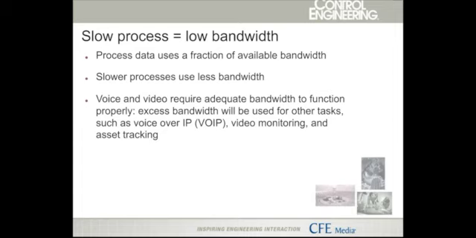It's 802.11n, so with the available equipment and technology, we can achieve an aggregate throughput of about 650 megabit per second. We're using a fraction of that. Using the excess bandwidth for video and voice will allow them to operate without experiencing too much latency.